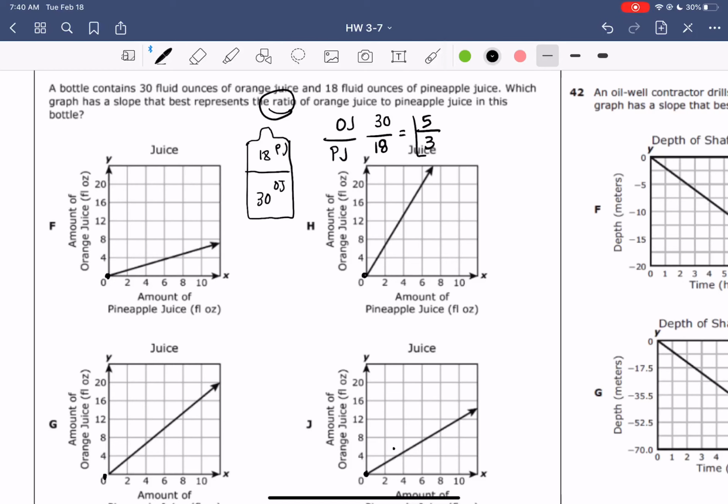So we're going to want to look for the graph that has a slope or a rise of 5 and a run of 3. And looking at these, these all go by 4, and these go by 2. So being aware of, excuse me, watch the intervals.